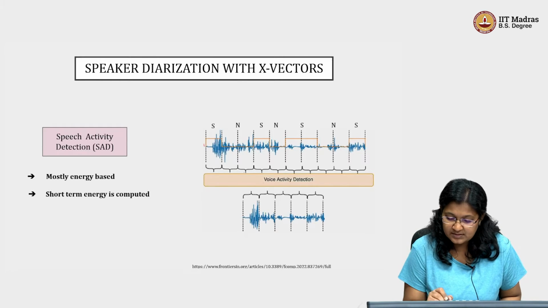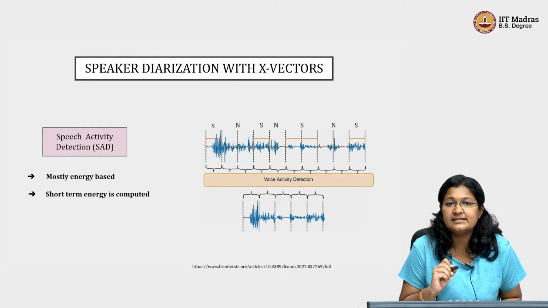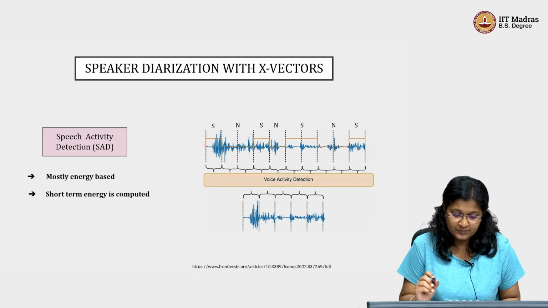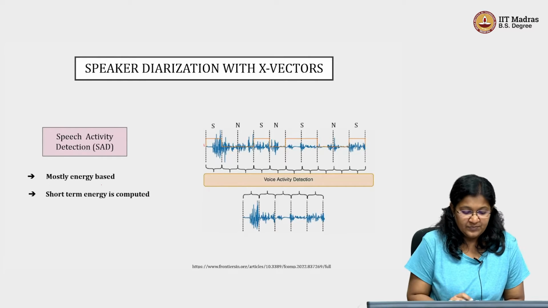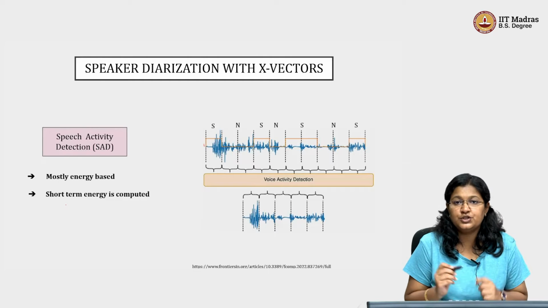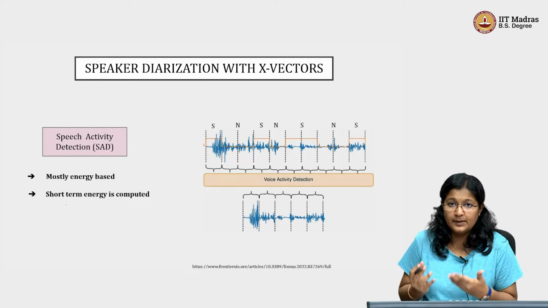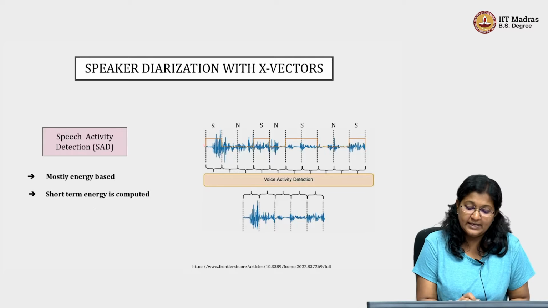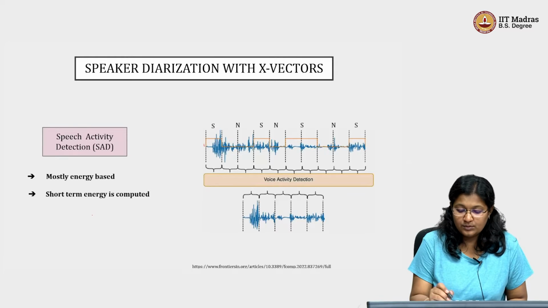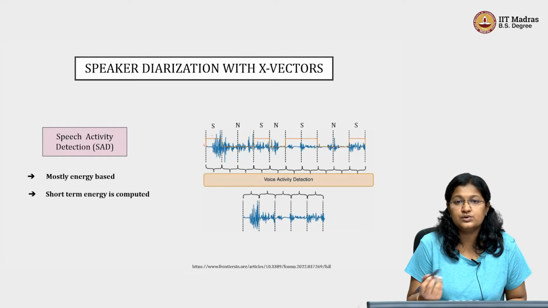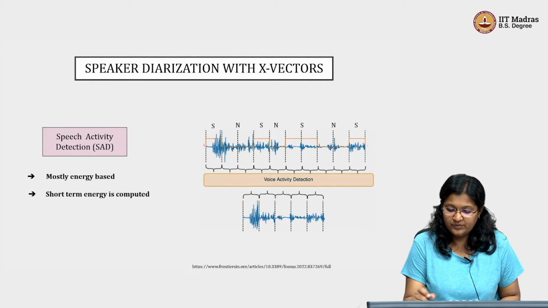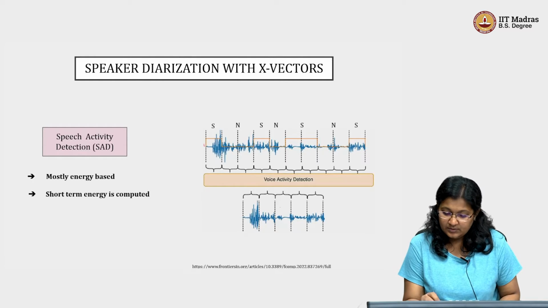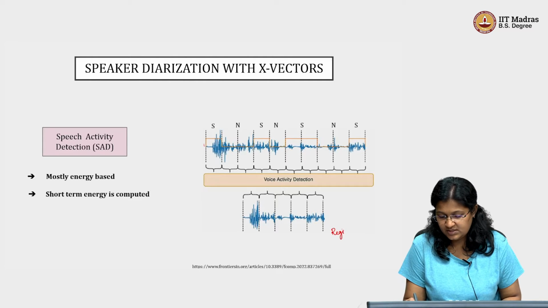It performs this voice activity detection and detects the regions where speech is present and noise or non-speech is present. How is it done? It uses the signal energy. There is something called short term energy. The short term energy is computed, and when that short term energy is higher, you take that as a speech waveform, and if it is lower, you consider that it is a noise waveform. So after you have performed voice activity detection, you get the regions of actual speech.